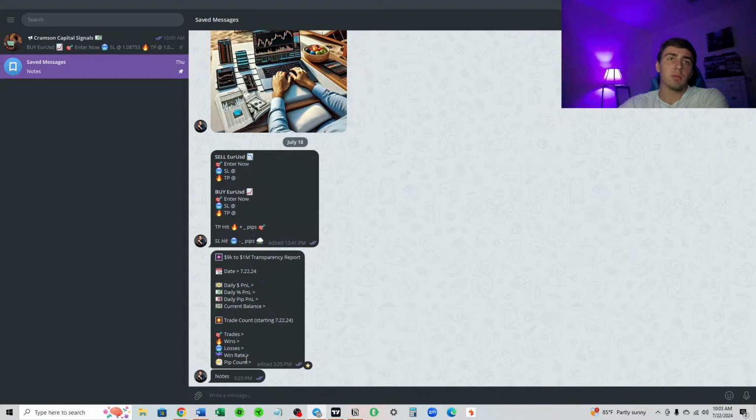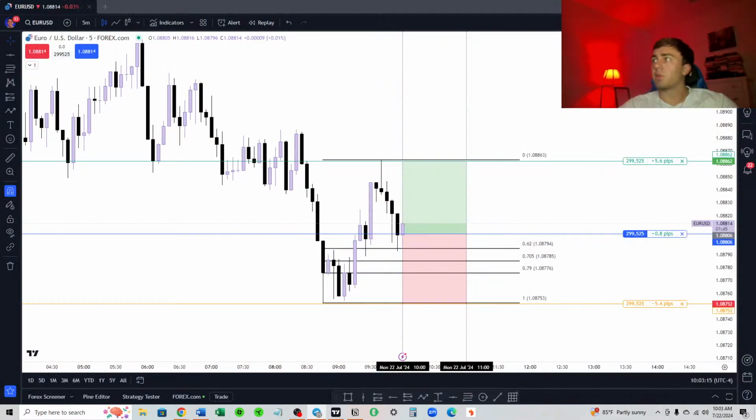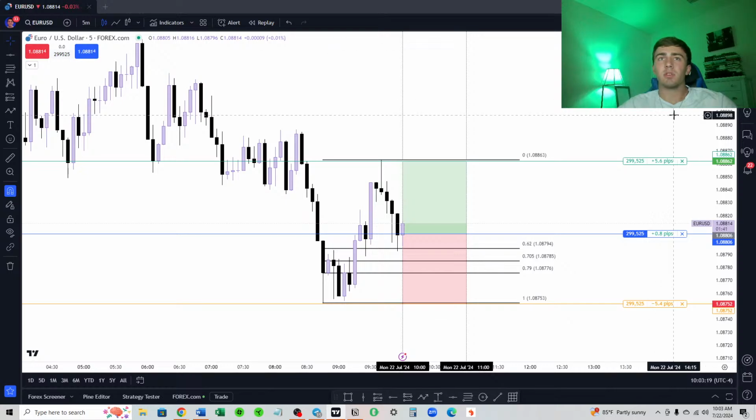That way we can do pip count, win rate, losses, wins, trades taken, all starting today, kind of like a fresh slate, and then where our balance is, daily P&L, daily percent gain, daily pip P&L, stuff like that. I'm gonna start posting that in the actual Telegram as we get more consistent with these live streams.